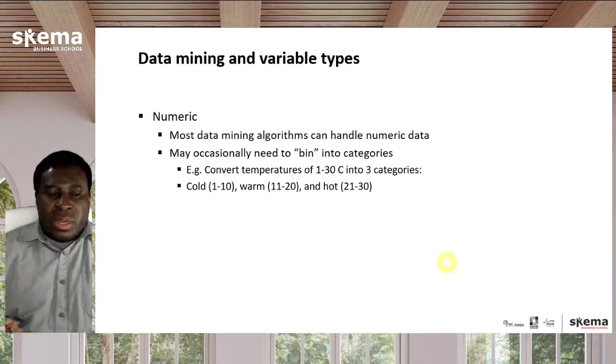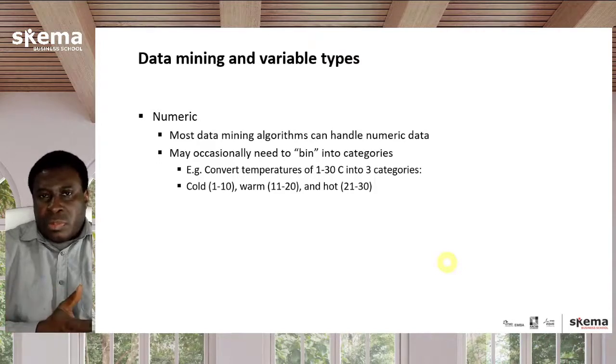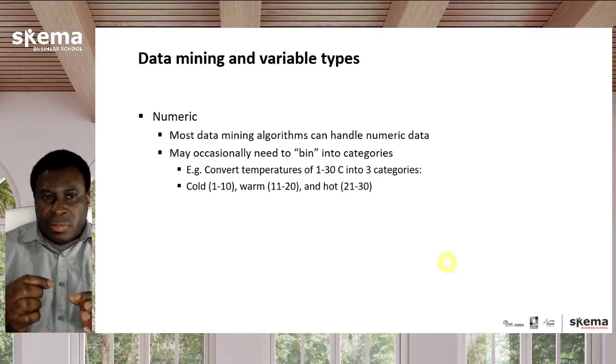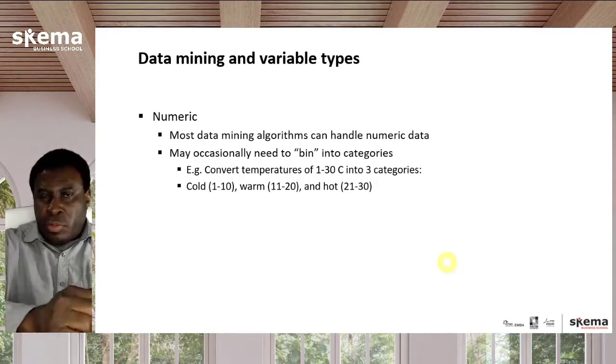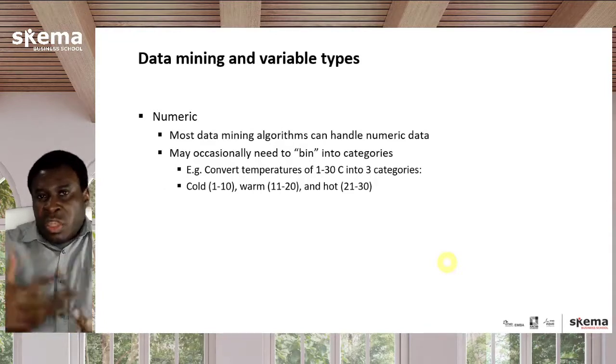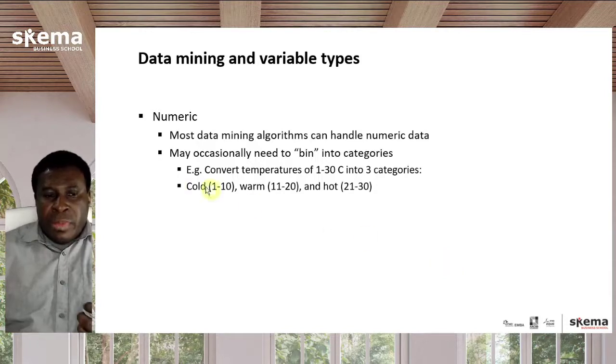And that might be because there are so many different temperatures from 0 to 30, with specific numbers, that finding a specific relationship between any one temperature and number of customers is just not showing up. So maybe you convert your temperatures into three categories: cold, which is temperatures from 1 to 10 degrees, warm, 11 to 20, and hot, 21 to 30.